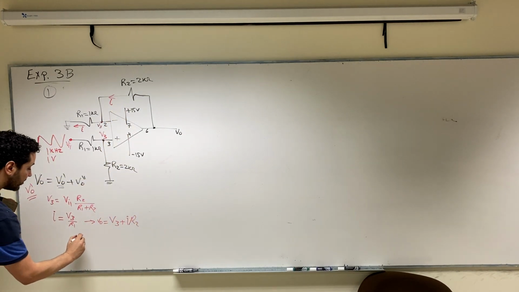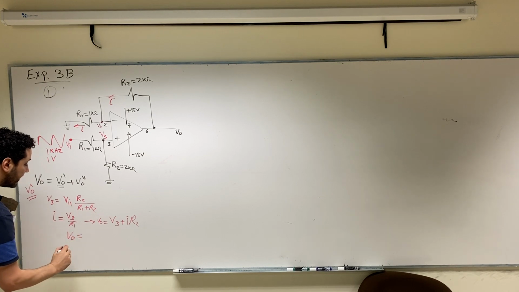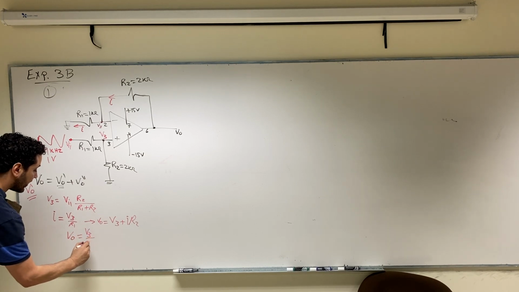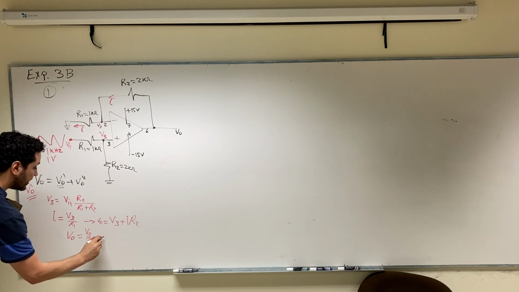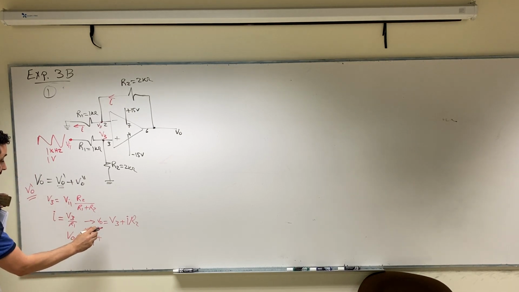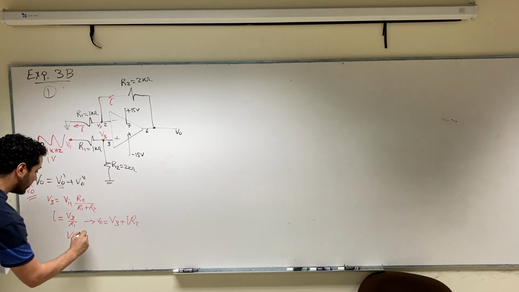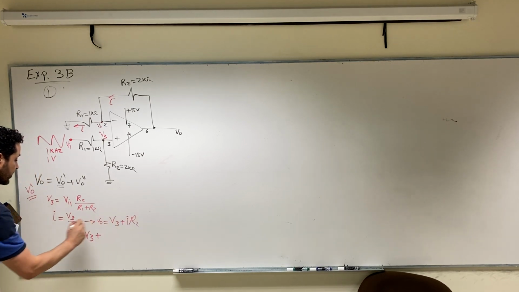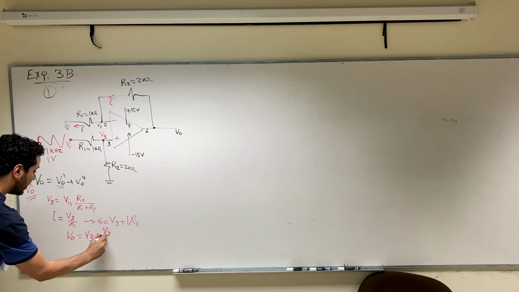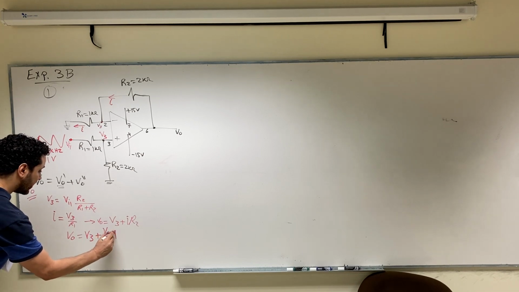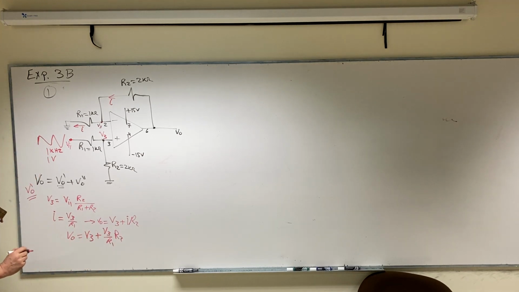So V output will be equal to V3 plus I R2, which is V3 over R1 multiplied by R2. This is I, right? So let's substitute for V3 here.